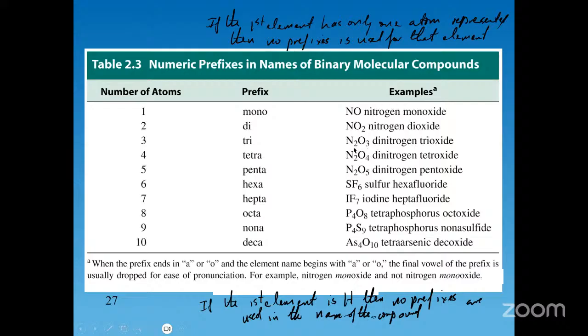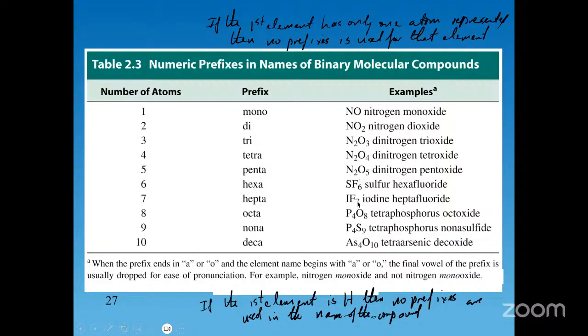In this case, there are two atoms of nitrogen, so you do need to indicate the number of nitrogen atoms by using the di prefix. And then tri, of course, is the prefix for the oxygen because there are three of them. So we say tri and then oxide, and that's it. In this case here, it's dinitrogen tetroxide. And in this case here, it's dinitrogen pentoxide. So that's basically how we name it.